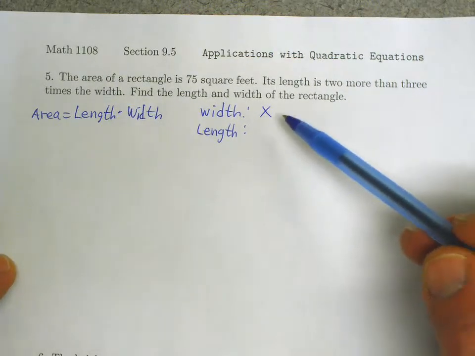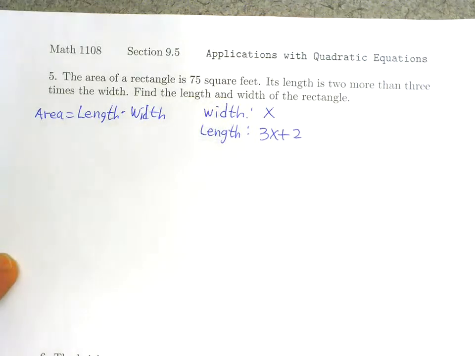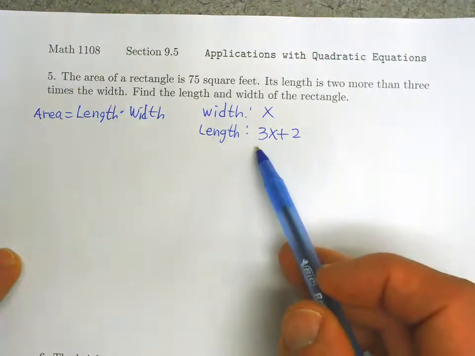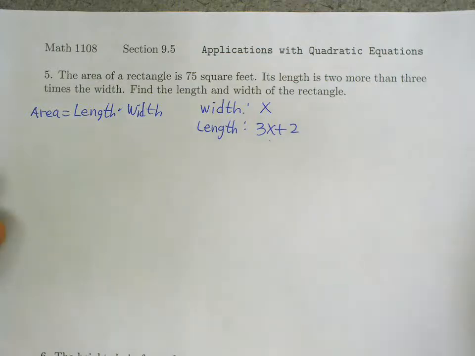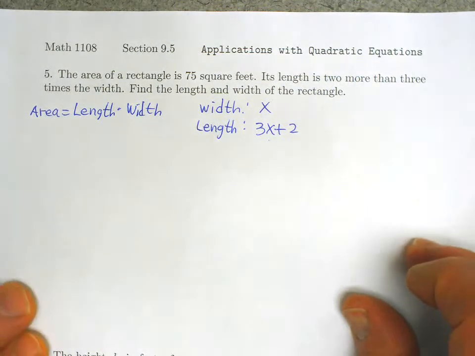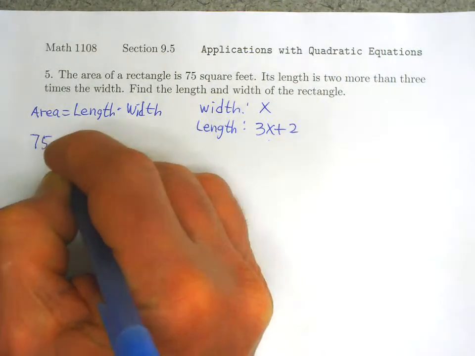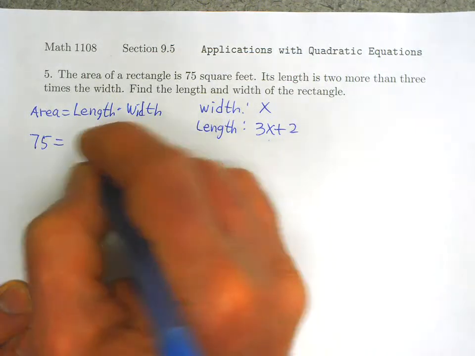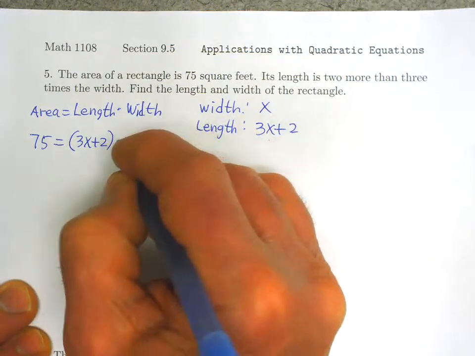So 2 more than 3 times x is 3x plus 2. Okay, so that seems to check out. And we're given that the area is 75 square feet. So we can write down our equation. The area is 75 square feet. The length is 3x plus 2 feet. The width is x feet.